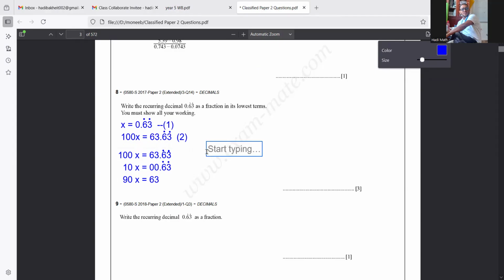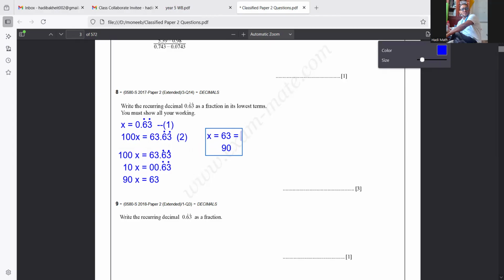Now to find x, you divide both sides by 90. So x is equal to 63 divided by 90. Then simplify as you like. You can simplify by 3, you can simplify by 9, but sometimes you simplify and then you check your answer again and maybe you simplify again. Let's say 63 and 90, both of them are in the 9 times table.